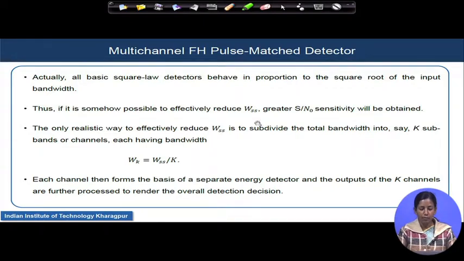So, effective reduction of this WSS at the detector end can be done by dividing this WSS equivalently into some K sub bands or sub channels.